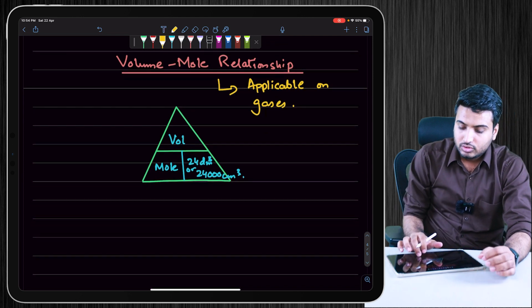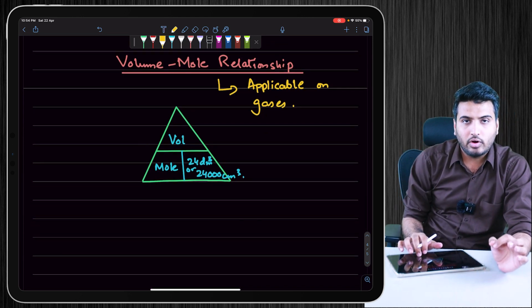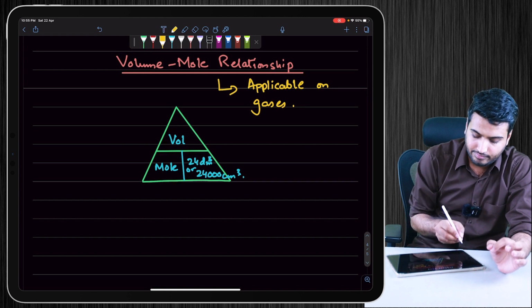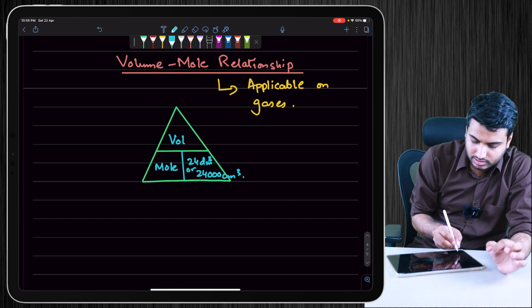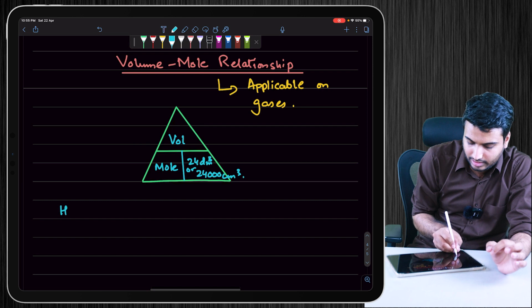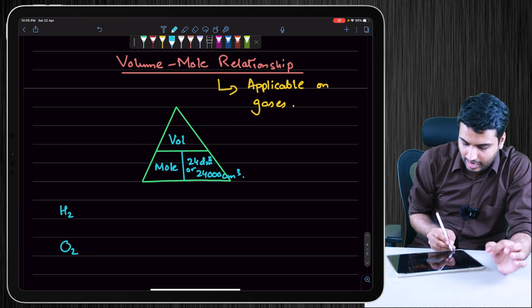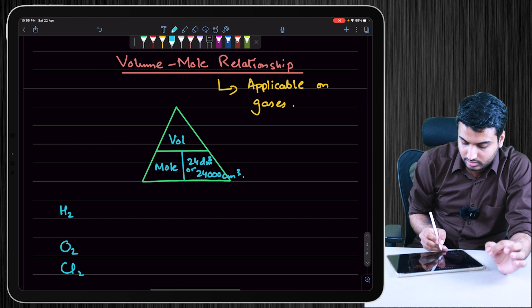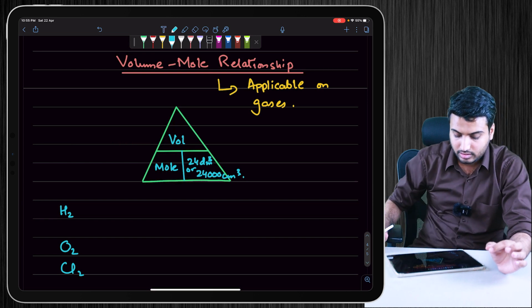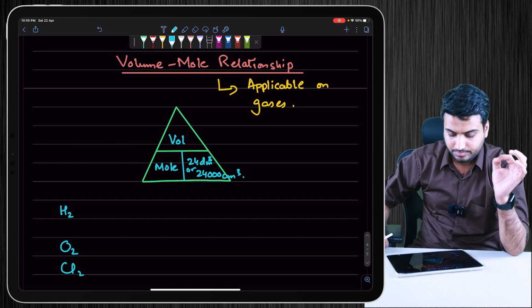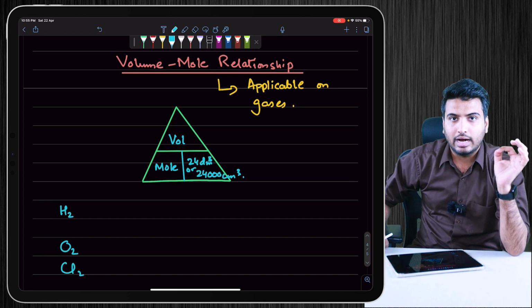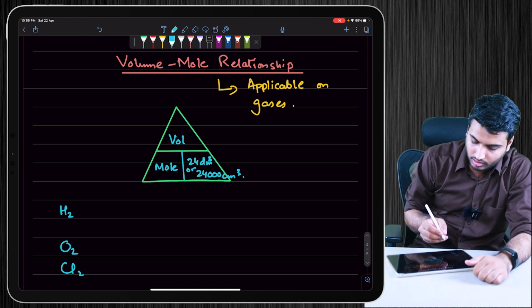For example, if we have a gas which is hydrogen H2, another gas oxygen O2, and another chlorine Cl2. So hydrogen H2, oxygen O2, and chlorine Cl2.